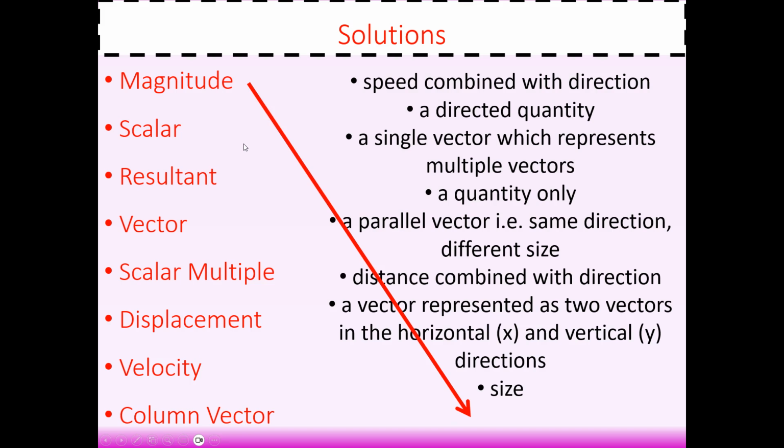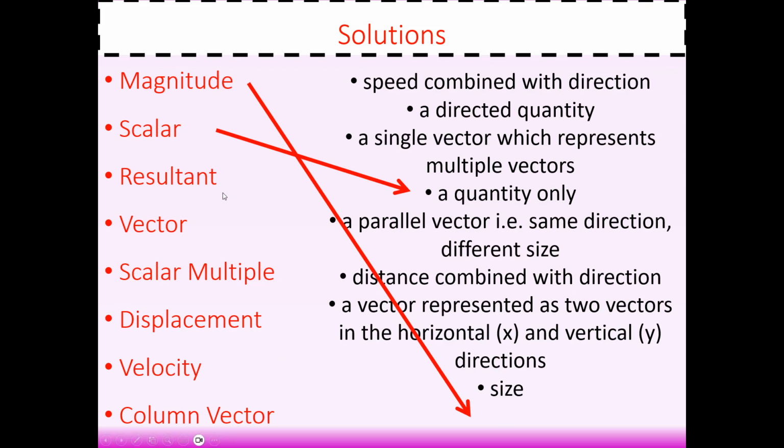Then scalar, what's the meaning of scalar? A scalar is just a quantity, a number that you multiply, like a scale factor. It's a constant that you multiply each component of a vector by. Now, resultant vector.